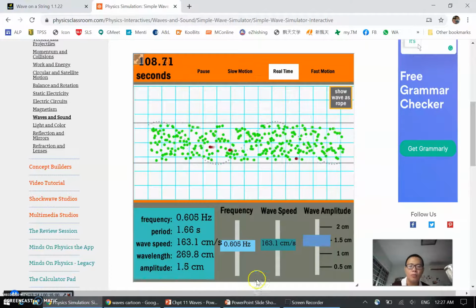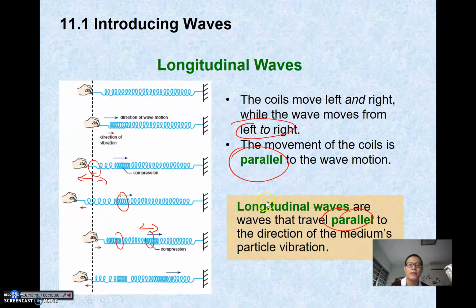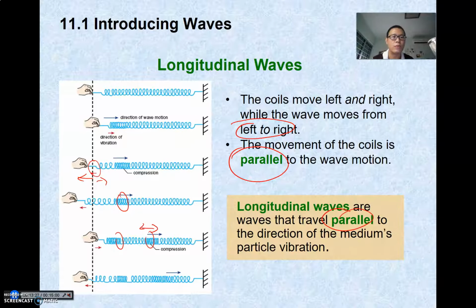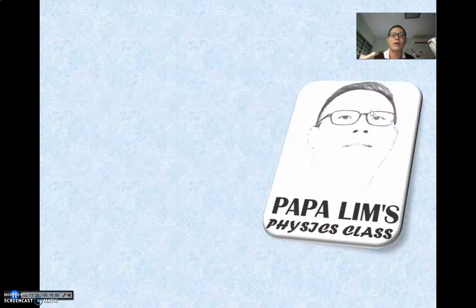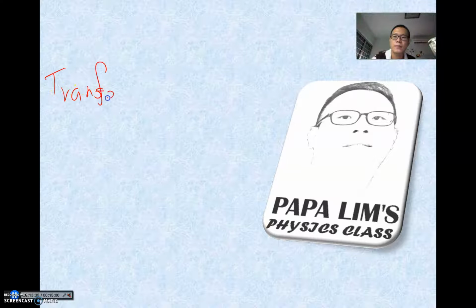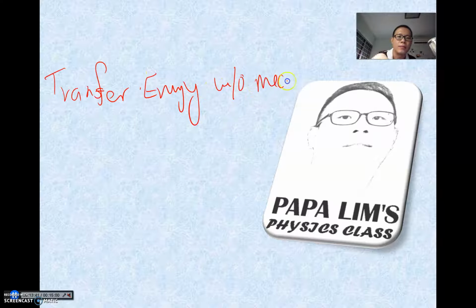Okay, I hope the animation that I have here will shed some light towards you differentiating the difference between transverse wave versus longitudinal wave, and also shed some understanding of what we mean by transfer of energy without the medium moving.